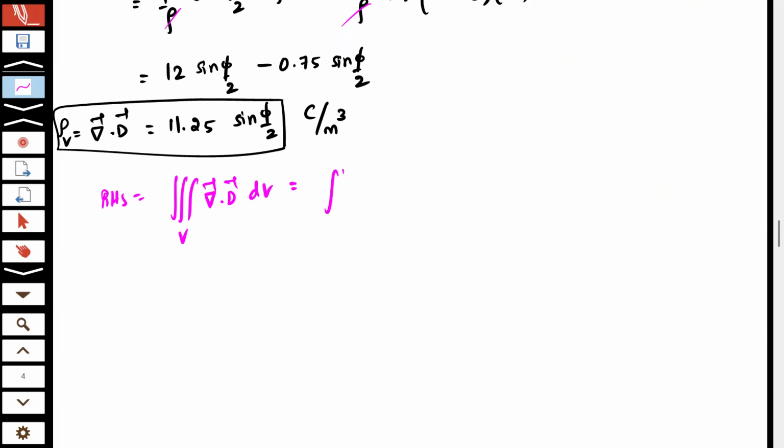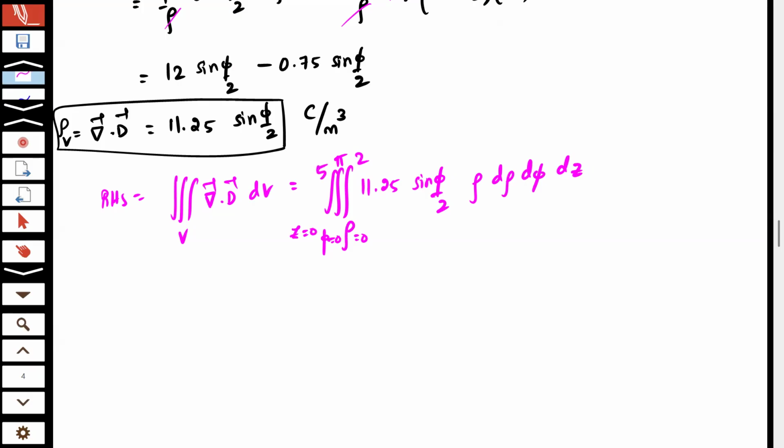So I will write it as the volume integration of 11.25 sin(phi/2), and dv is, we know, rho dρ dφ dz. The corresponding limits are rho 0 to 2, phi 0 to pi, and z 0 to 5. So the corresponding integration should be done to get the right hand side.